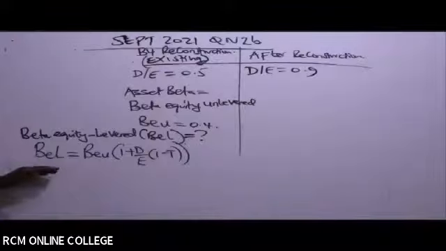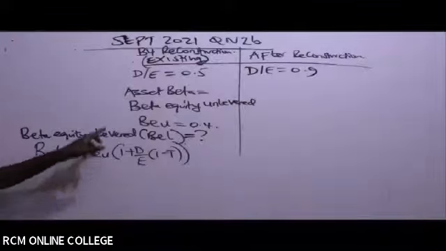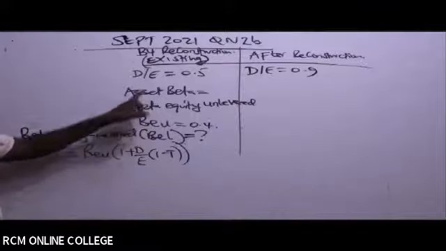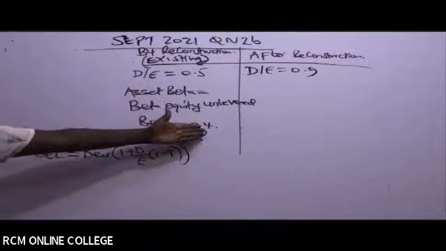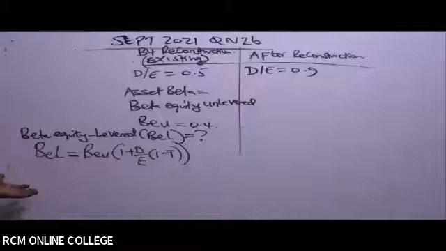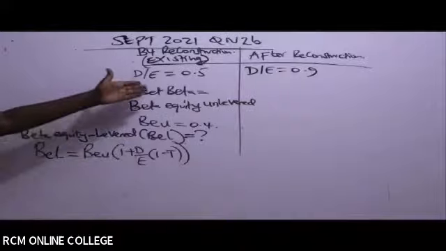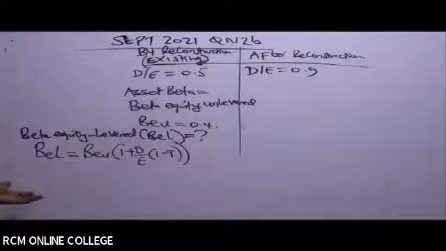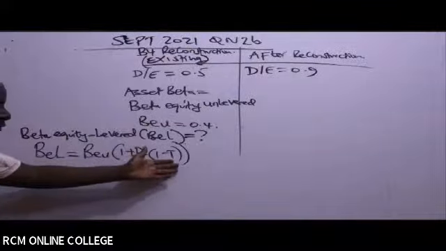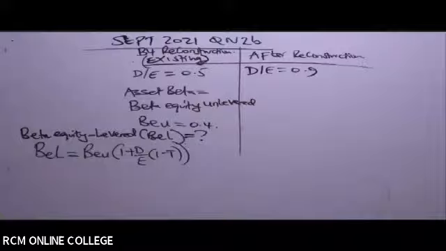Remember, beta equity unlevered, which is the asset beta, before reconstruction has been given as 0.4. We have debt to equity before reconstruction as 0.5. Even the tax itself, we have it as 0.3. So our work is to just substitute.